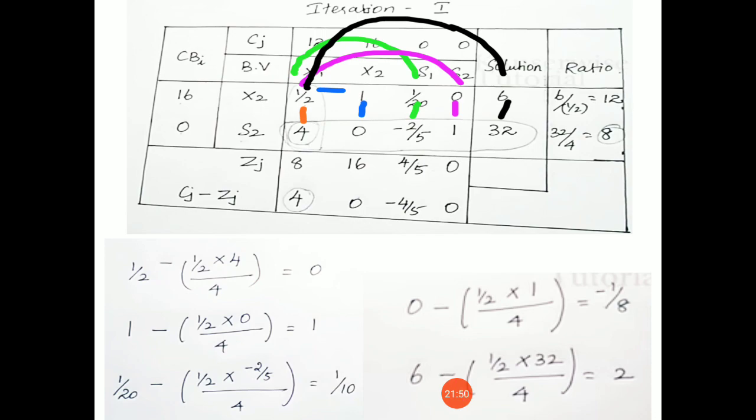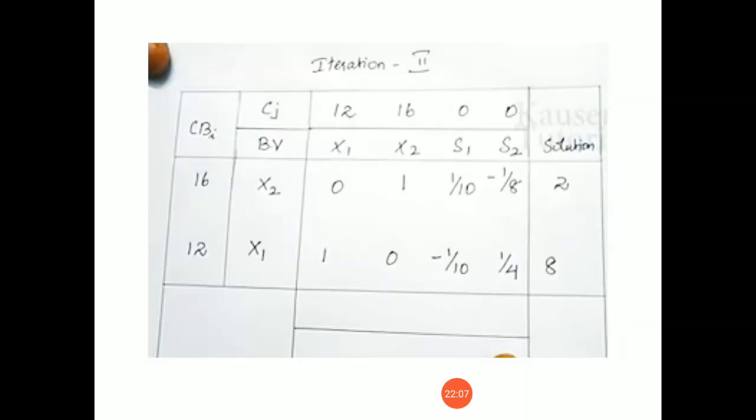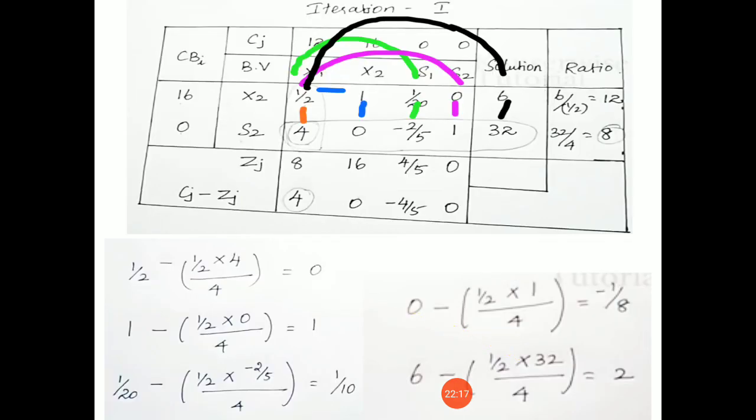So they are 1 by 2 into minus 2 by 5 divided by key element 4, and the solution is 1 by 20 minus 1 by 2 into minus 2 by 5 divided by 4, which is equal to 1 by 10. So we have written 1 by 10 as the third element of the x2 row. In this way we can find all the elements of the x2 row using the same formula.